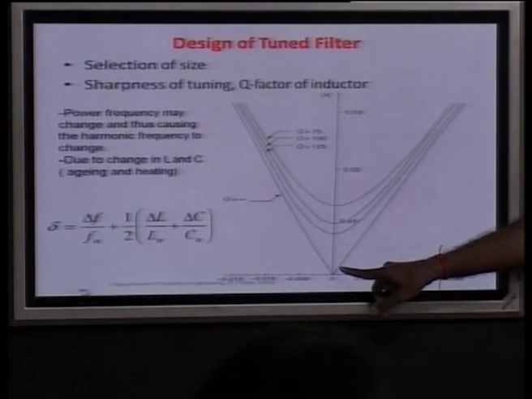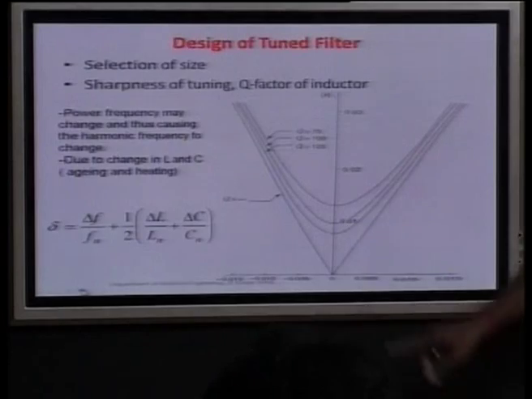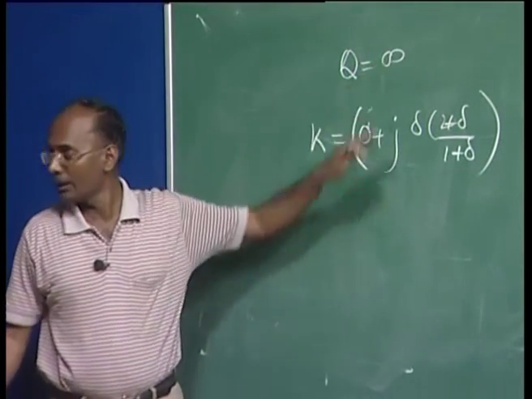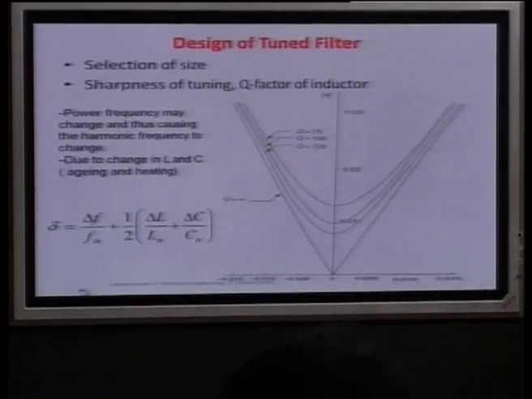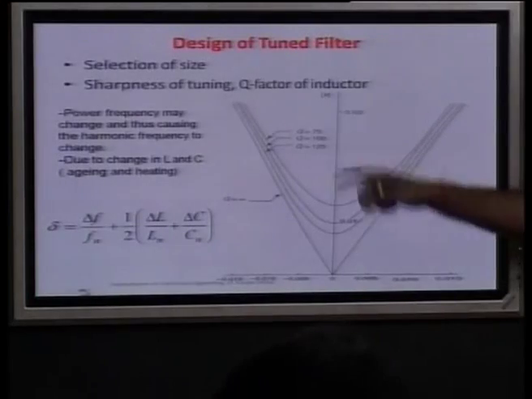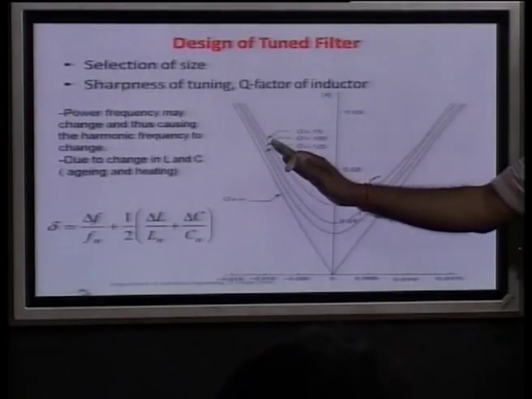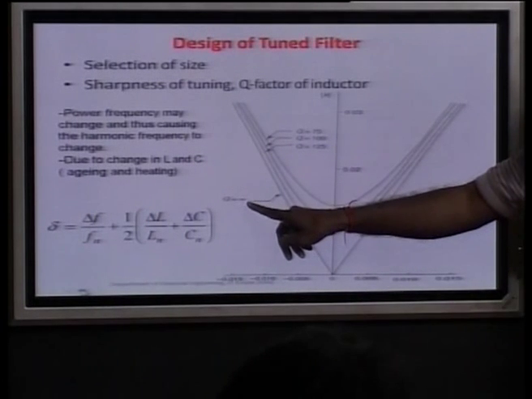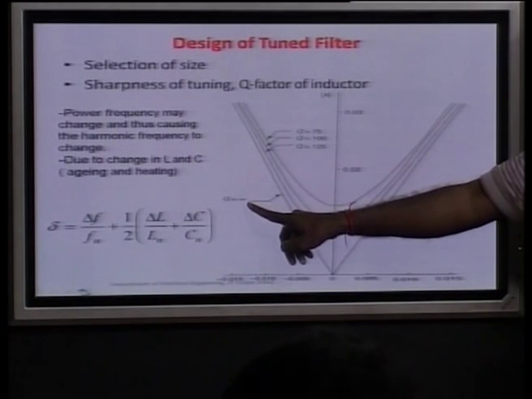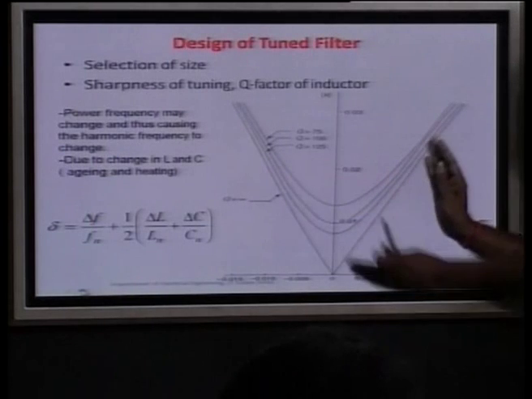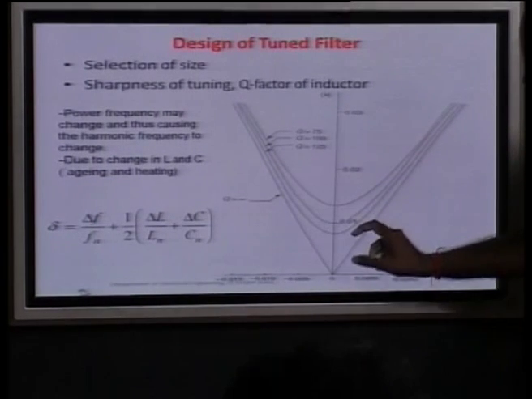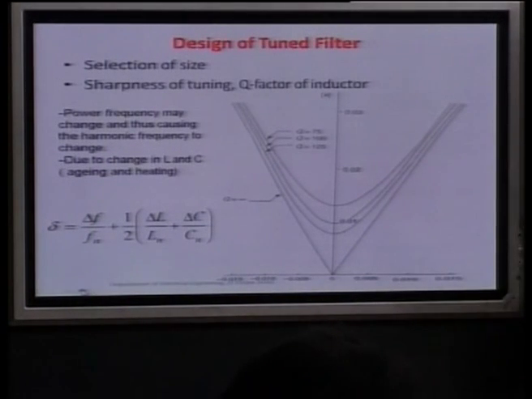For other values, if Q is not infinite, always we are adding some value here. Basically we are taking k mod here. If you are taking mod, it will be going both sides. So now you can say if the quality factor is infinite, which is not possible, then we are getting this term, otherwise it is shifting and some impedance, some k value is appearing.